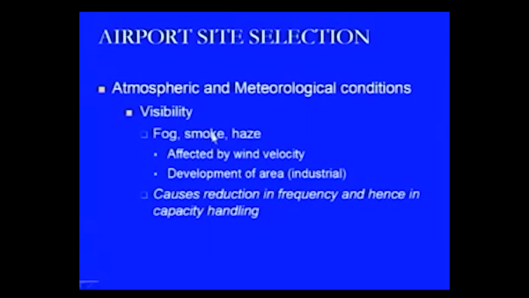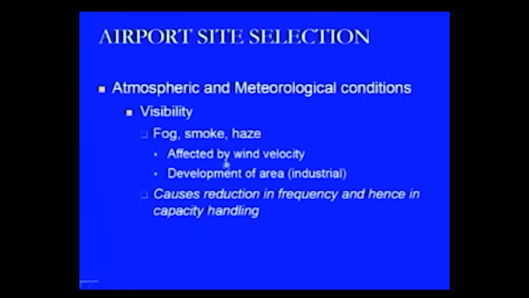These are two factors which cause smoke on the airport, and if that is the condition, then the visibility reduces and the airport capacity will be reduced, because it cannot handle many aircraft at one point of time.